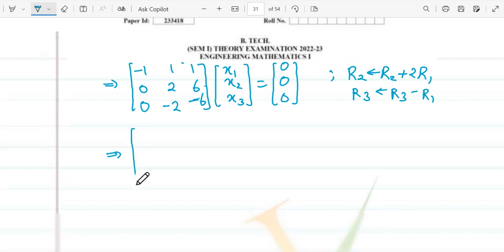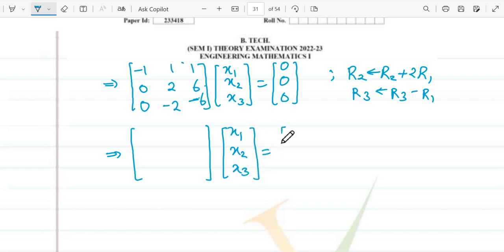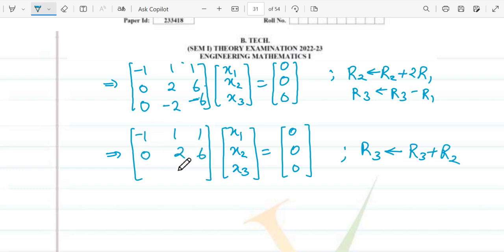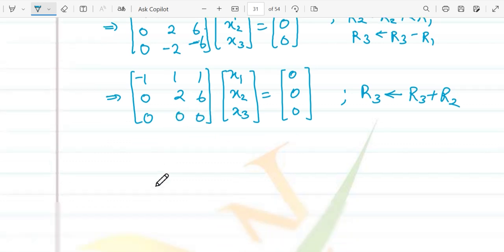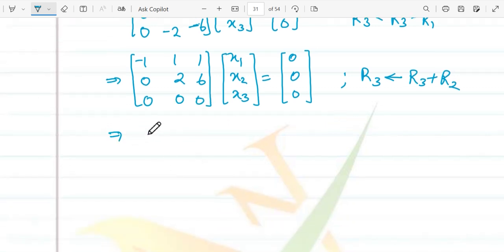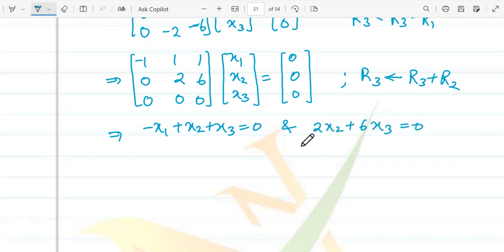This implies x1 x2 x3 is equal to 0 0 0. Now do R3 is replaced by R3 plus R2: minus 1 1 1, 0 2 6, 0 0 and 0. This implies minus x1 plus x2 plus x3 is equal to 0 and 2x2 plus 6x3 is equal to 0.